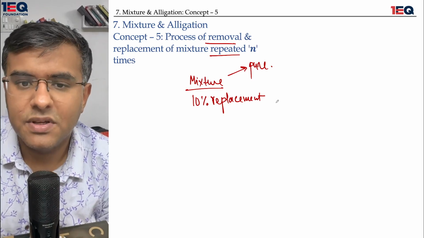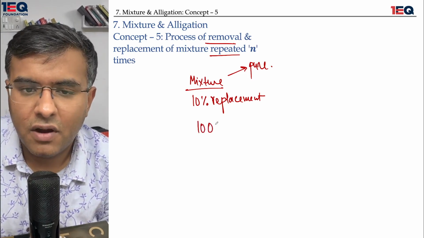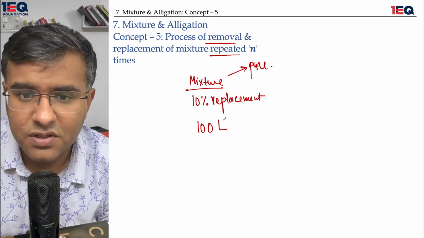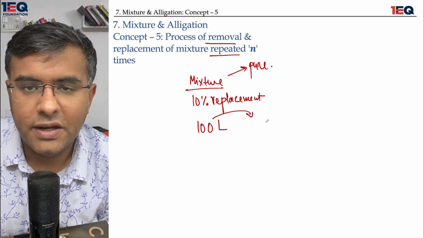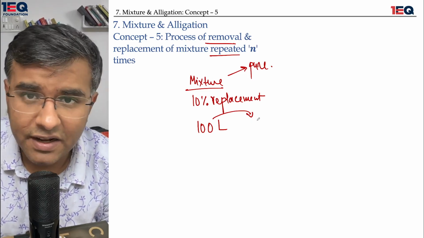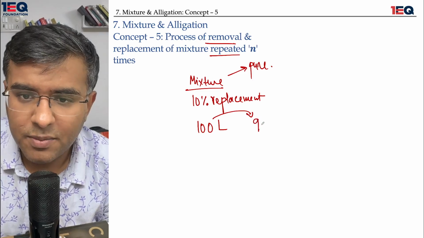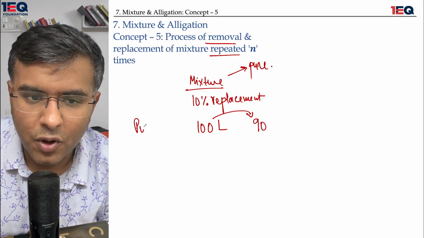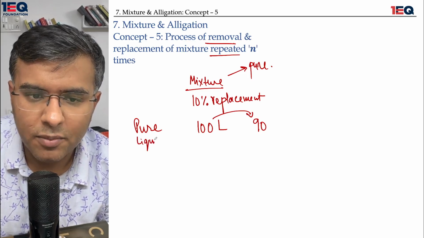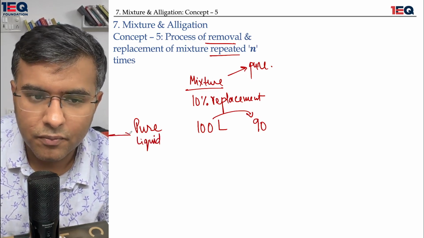What do I mean by 10% replacement? If I have 100 liters, or let's say 100 units of a solution, and I talk about 10% replacement, it means I am removing 10 liters out of it. And this is pure liquid.